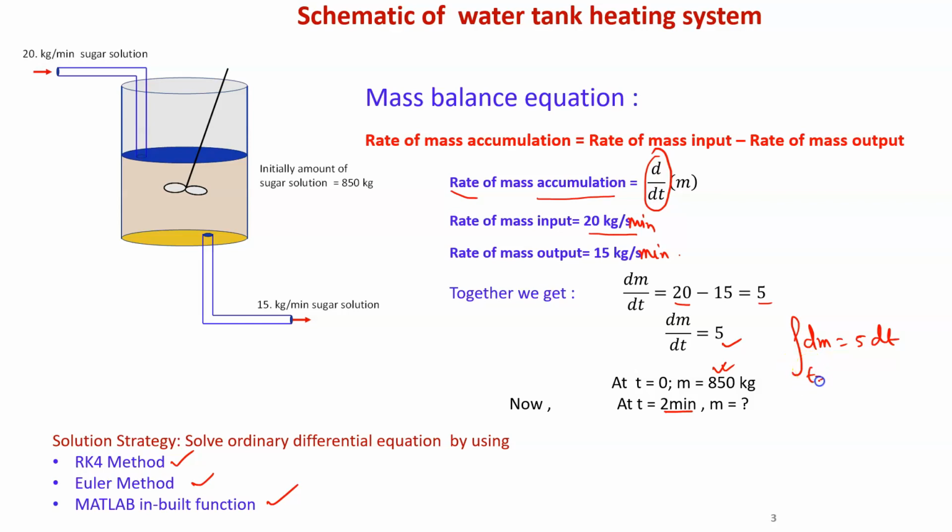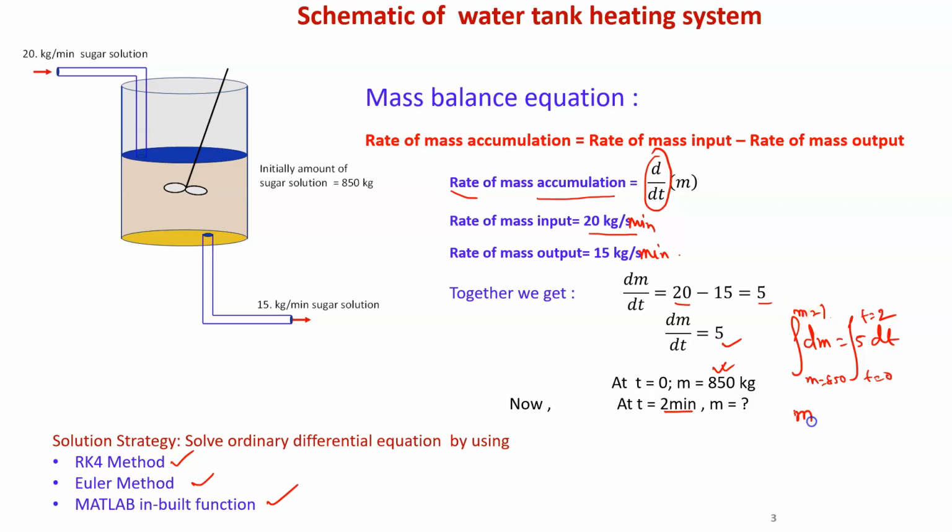So at t equal to 0, m is equal to 850. Now at t equal to 2 minutes, what will be the m? That we have to calculate.